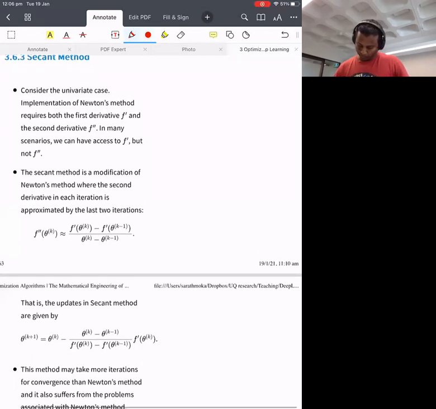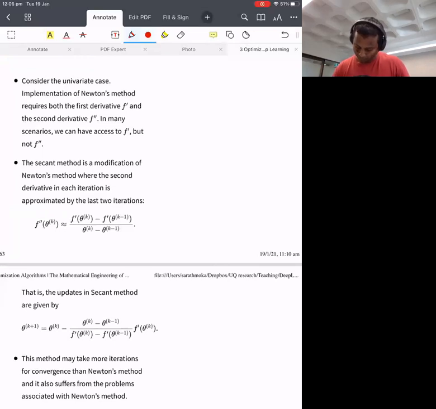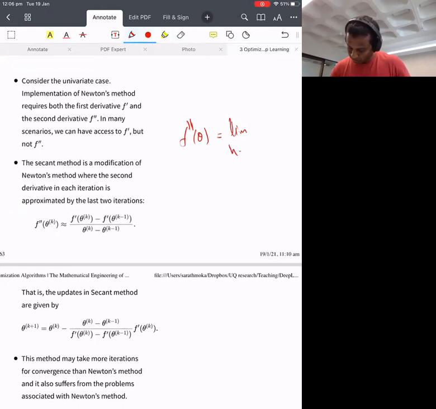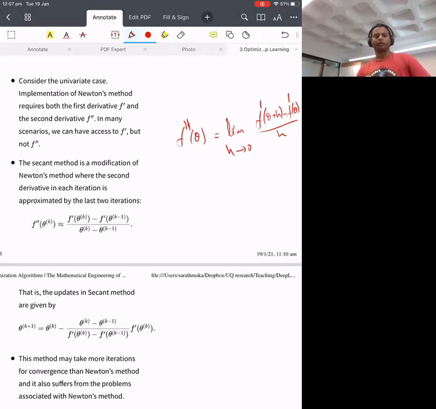In that case, we know from the definition that the derivative of f at theta is the limit as h goes to 0 of f of theta plus h minus f of theta, divided by h. This is the definition, right? Sorry, that is the definition of a second order derivative, applied to the first order derivative.